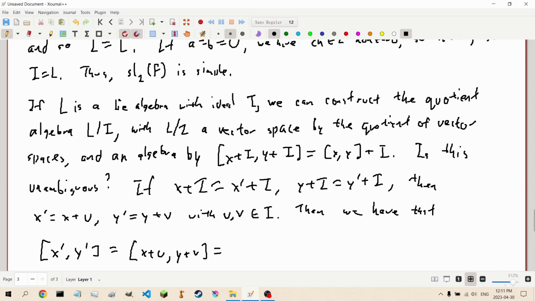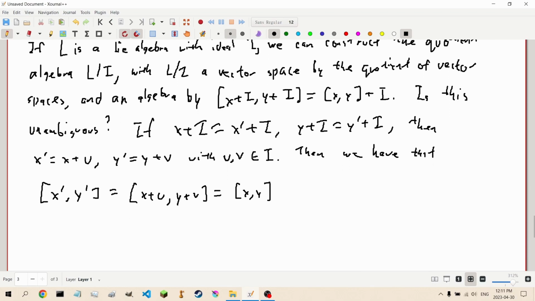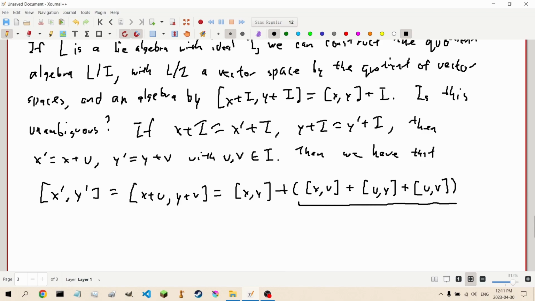And so we can write this as the bracket of x and y, plus three additional terms, but we see that they all include elements from our ideal. And so this whole big term is going to be residing in I.